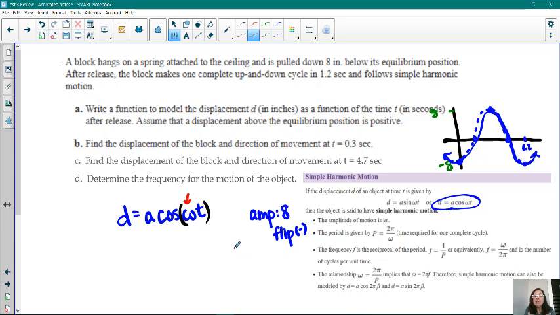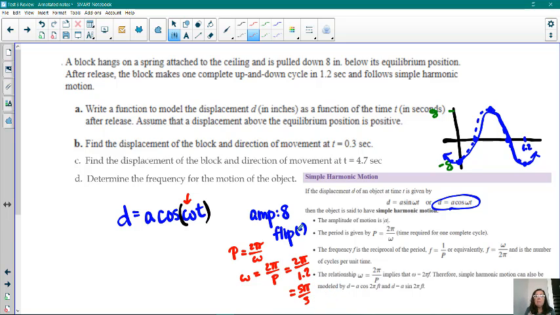The period, P, is given by 2 pi divided by omega, which means omega is going to be equal to 2 pi divided by P. Well, the period, how long it takes to complete a cycle, is 1.2 seconds. So omega is 2 pi over 1.2. You could use that as your omega, but we're going to simplify it to 5 pi over 3. Just on your calculator, do 2 divided by 1.2, and you'll get 5/3.